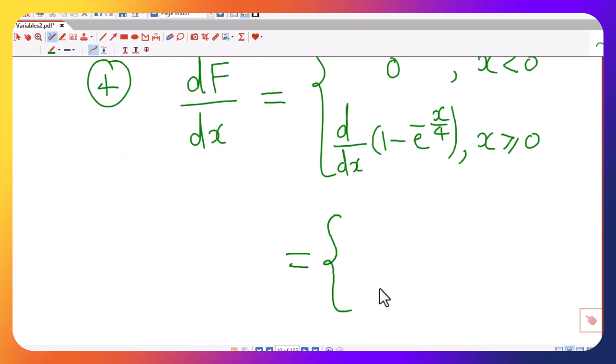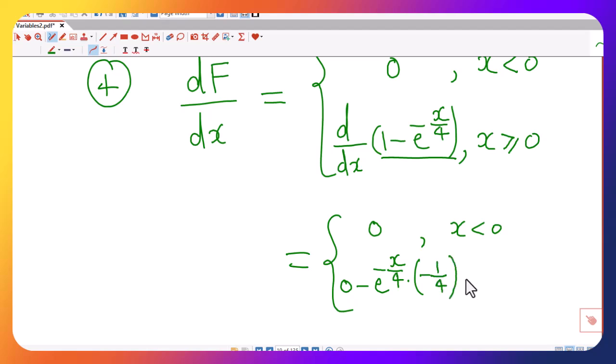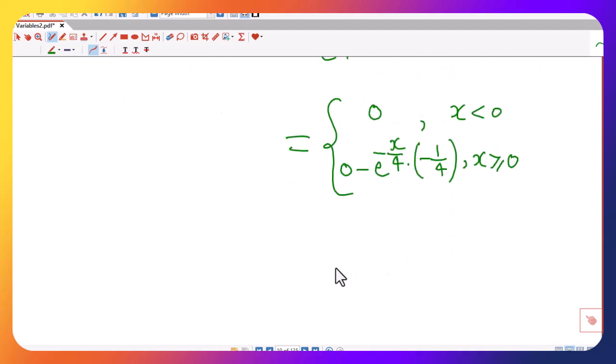So again we write here 0 if x is less than 0, and if we differentiate this function, we have 0 minus the derivative of e raised to minus x by 4, which is e raised to minus x by 4 into the derivative of minus x by 4, which is minus 1 by 4, if x is greater than or equal to 0.